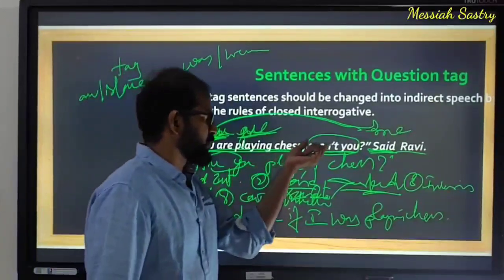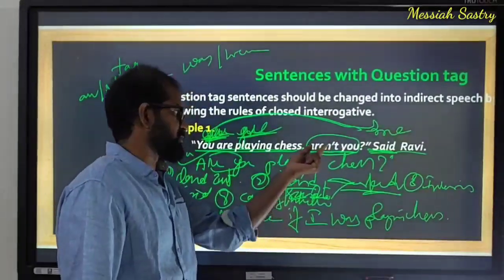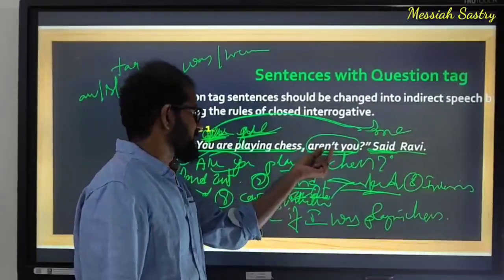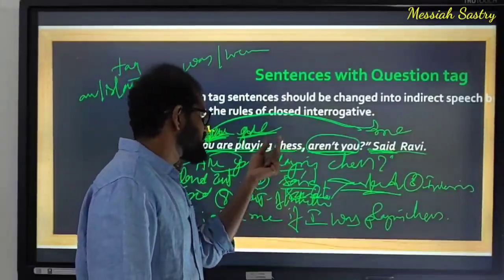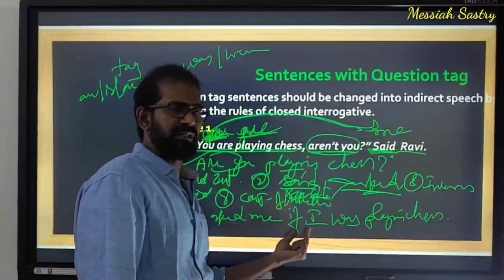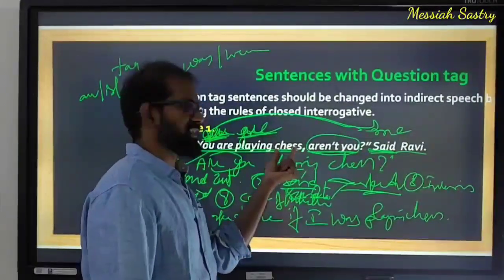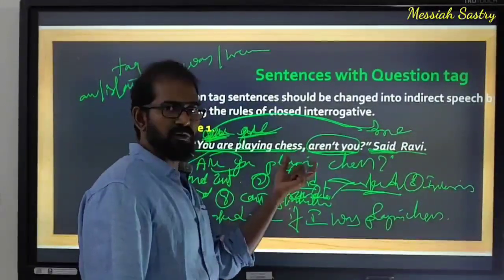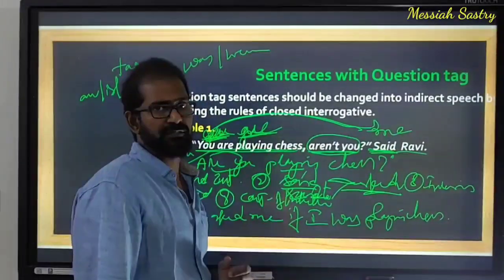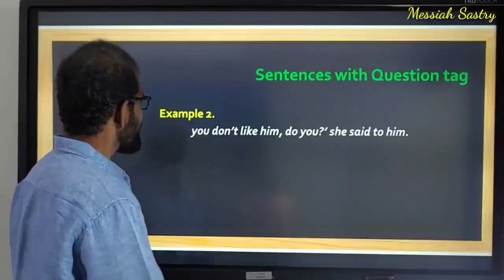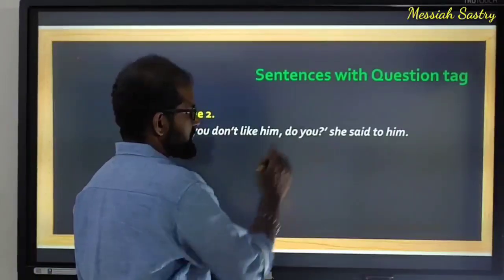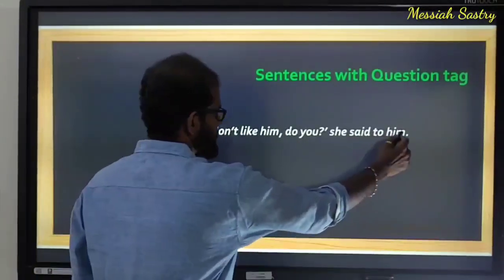So if it is a question tag sentence, first convert it into a closed interrogative sentence and then change into indirect speech. While changing question tag sentences, we always follow closed interrogative sentence rules. Let us take one more example. You don't like him, do you? She said to him.